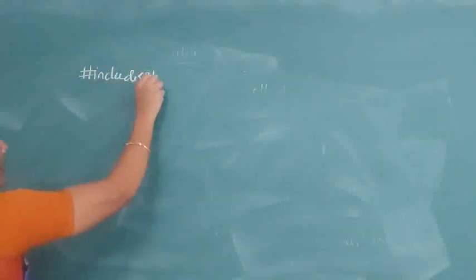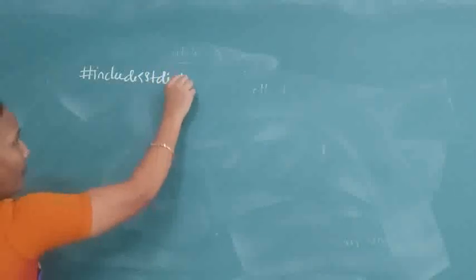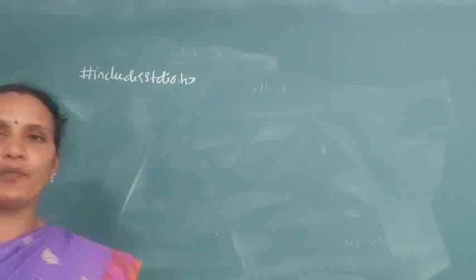See here. First, here #include stdio.h preprocessor command. After this, actually we give the main function. But if we are creating a structure, then before the main function only, we'll give the structure.